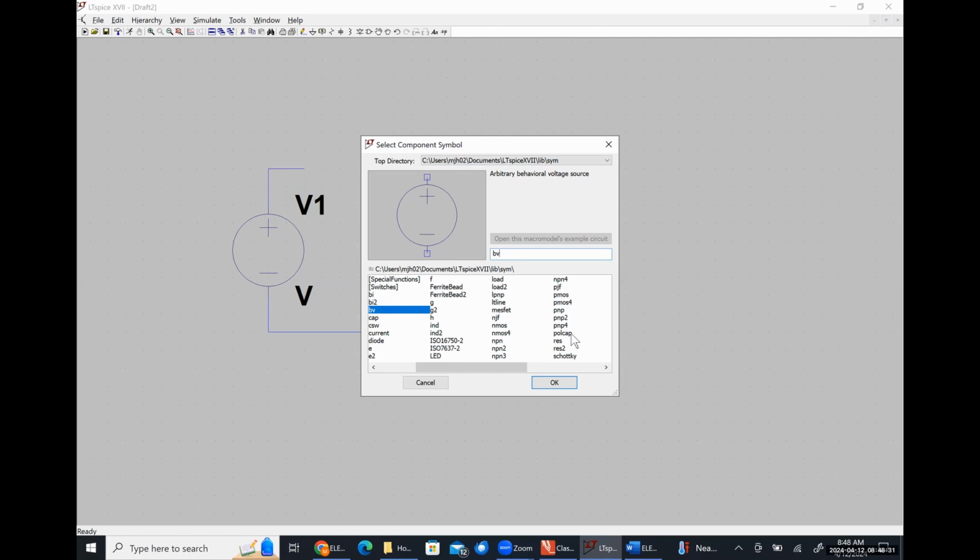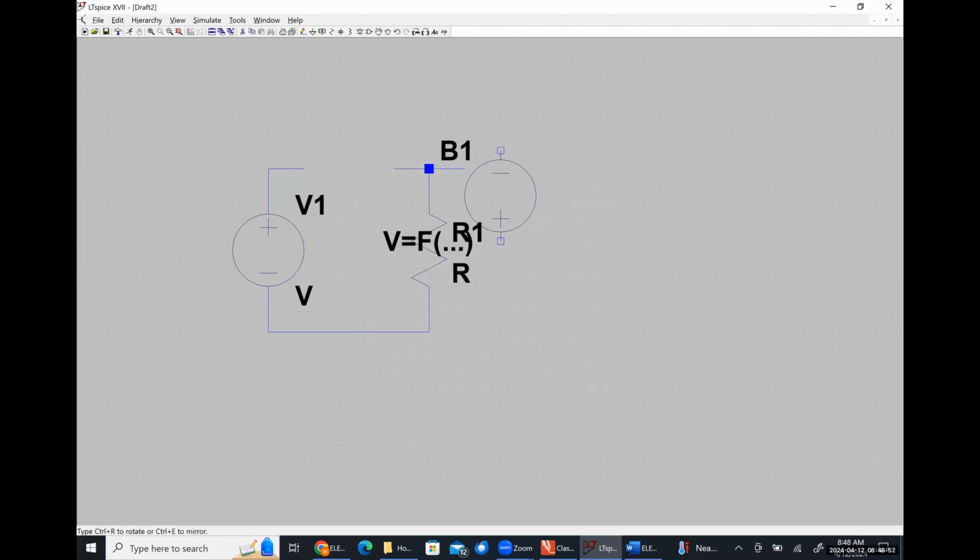It's just got the most adaptability. We could, if we were so inclined, use this H source, which is a current dependent voltage source, but it's a little bit more of a pain to use, so I don't use it unless I'm absolutely forced to. Okay, so behavioral voltage source, positive polarity on the left, negative polarity on the right.